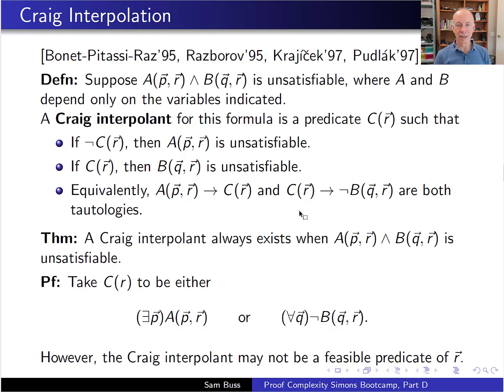Because A and B is unsatisfiable, that means that A implies not B. So these conditions on C mean that A implies C, that's from not C implies not A, and then C implies not B. So what we're getting here is if A implies not B, we can interpolate, or stick in the middle, a C, and the C only depends on the common variables, the variables R, that occur both in A and B. And the theorem is that whenever A of PR and B of QR is unsatisfiable, there is a Craig interpolant C of R. One easy way to take this is we can take C of R to be exists P A of PR, or for all Q not B of QR.